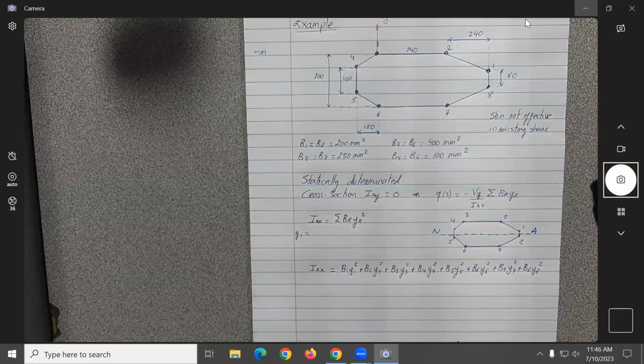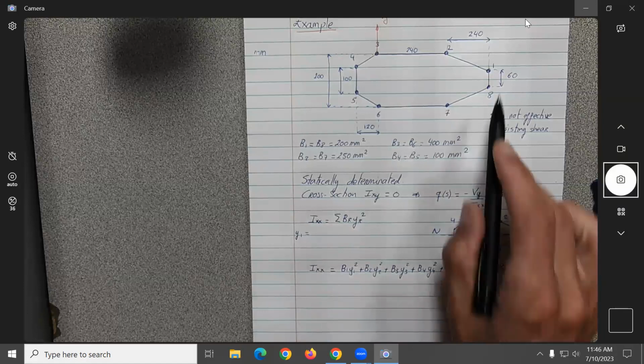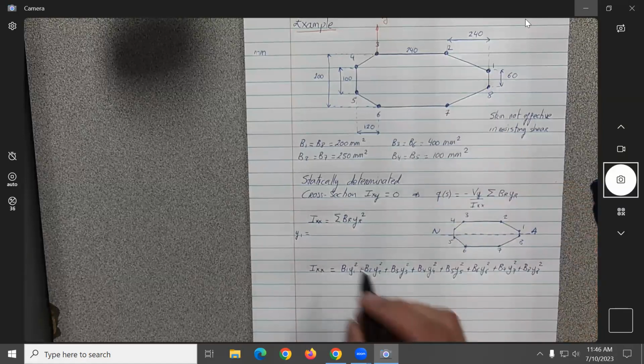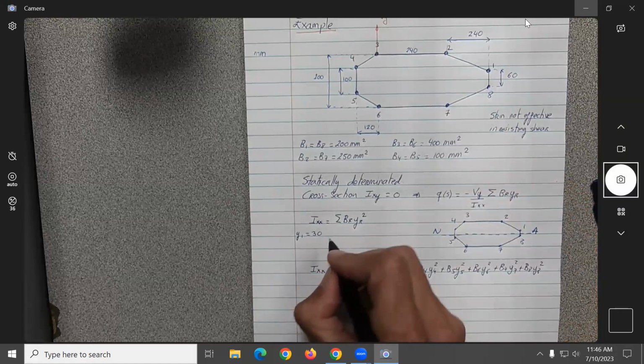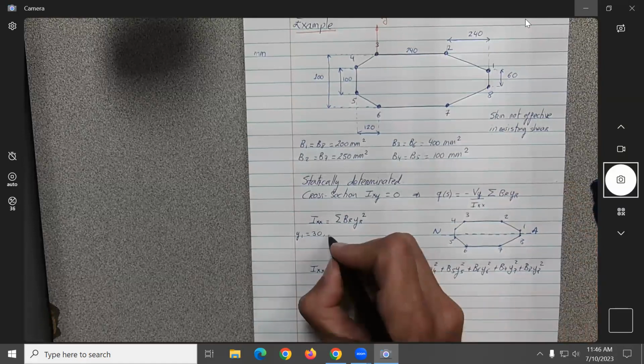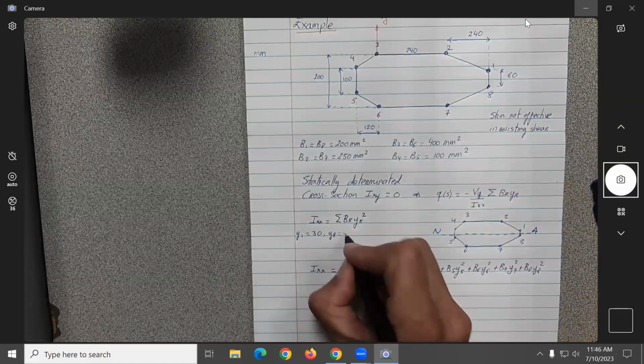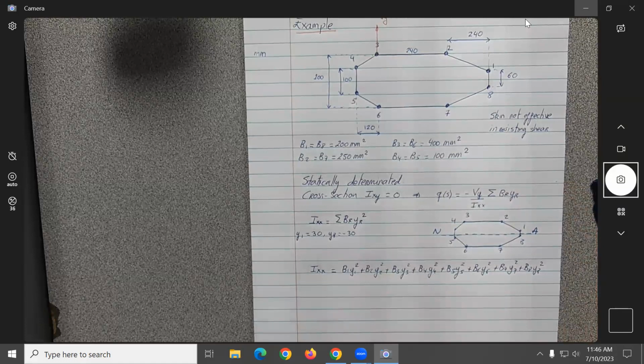Y1 will be equal to what? We look at this figure: 30. So y8 will be negative 30.